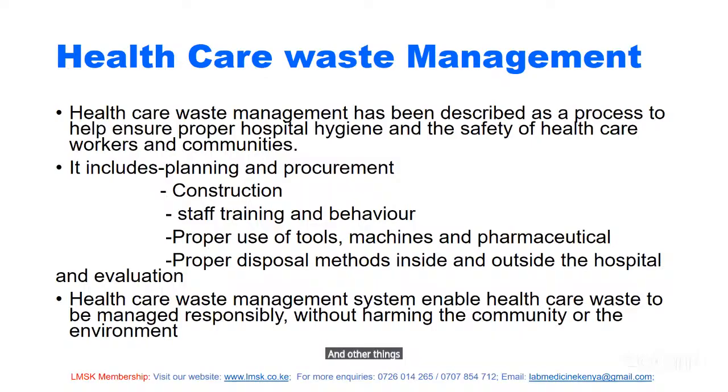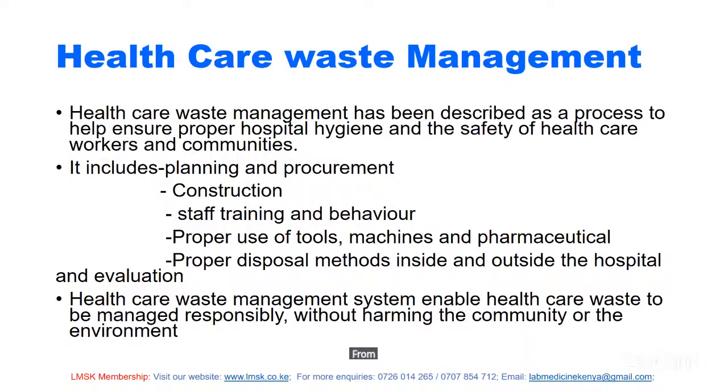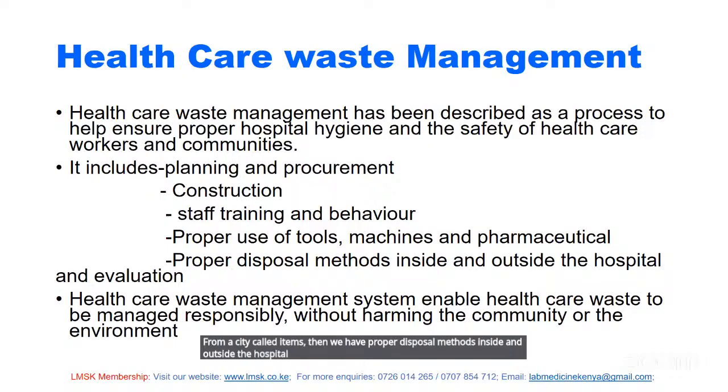Staff training is very key and behavioral change. Then we have proper use of tools like the documentation, the machine, like in a good healthcare waste management system, we have things like weighing balances, which are very key. Pharmaceutical items, then we have proper disposal methods inside and outside the hospital and the evaluation process.